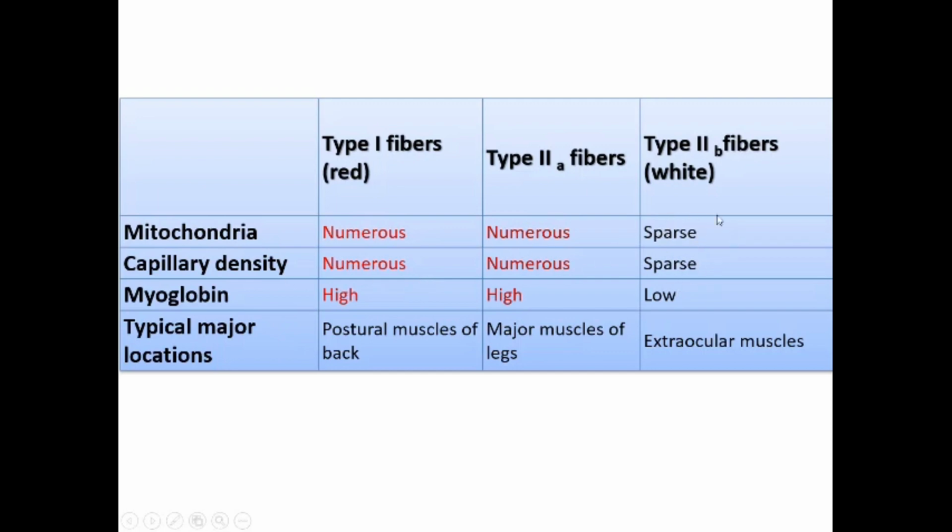But in the third column, you can see the white or type 2B. We see sparse mitochondria, a low density of capillaries, and a low density of myoglobin. So they cannot provide enough oxygen for producing ATP.